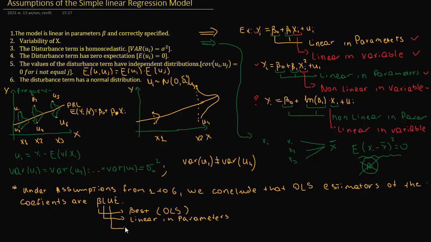U refers to unbiased. E refers to estimator.